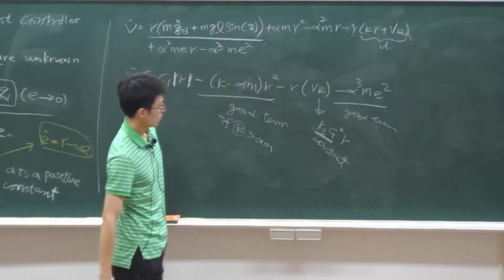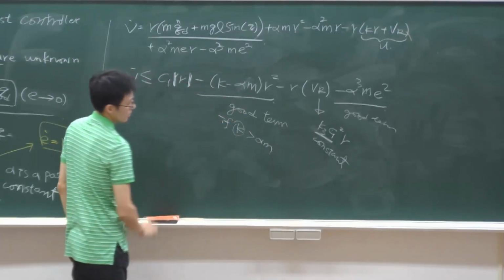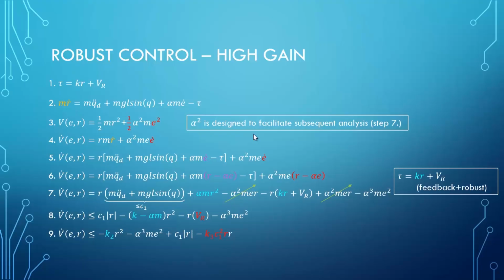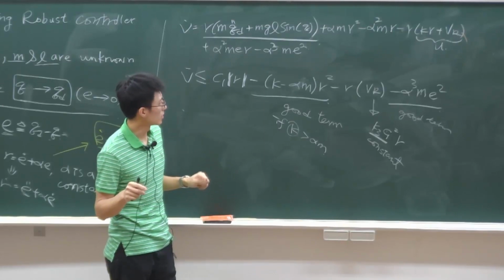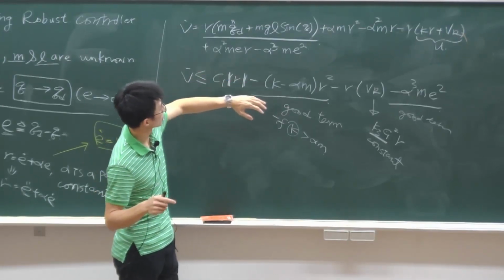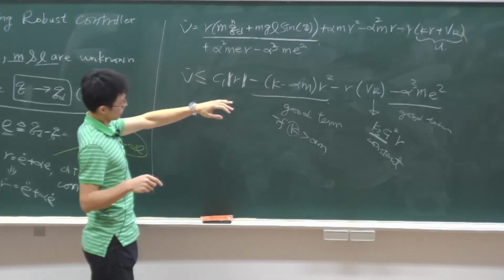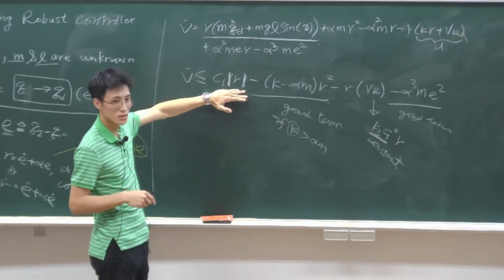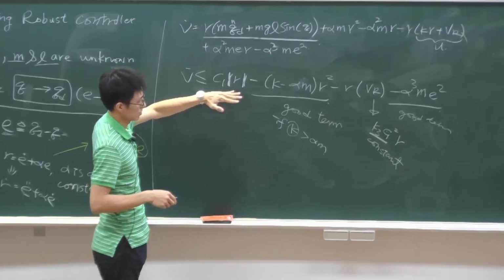The reason to design this structure has some reasons. We want to use the least robust term to deal with this term. VR is a robust term. A robust term is used to deal with uncertainties. And where are the uncertainties? Here. And the uncertainties can be upper bounded as this. So the robust term is used to deal with this.